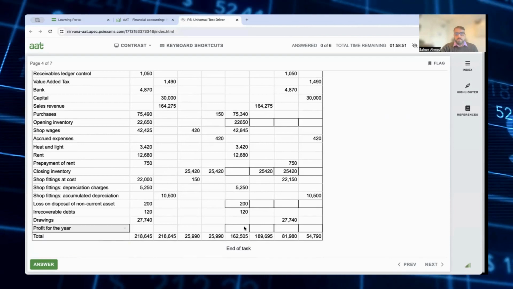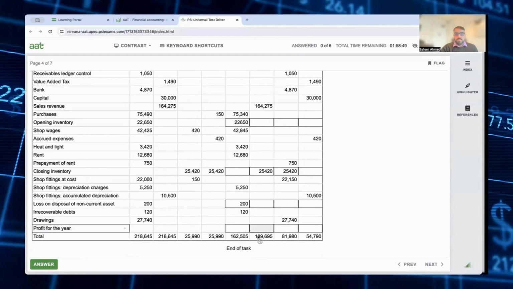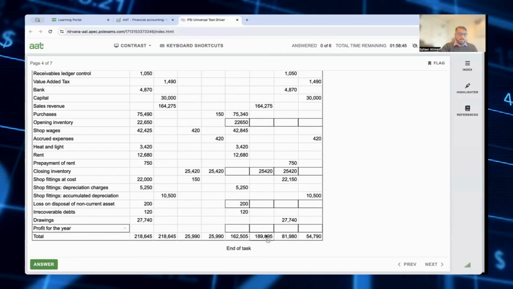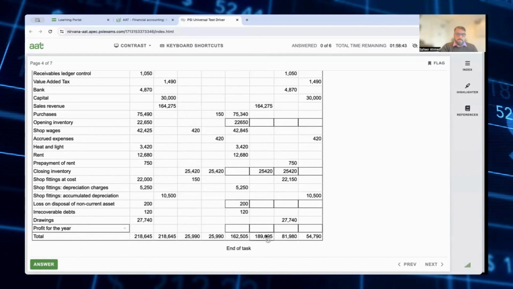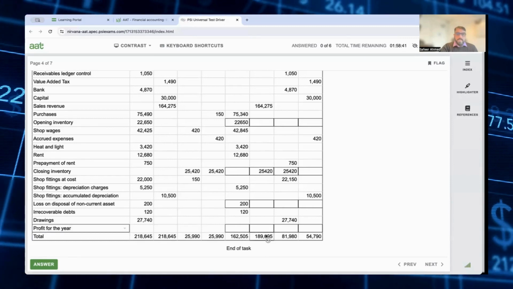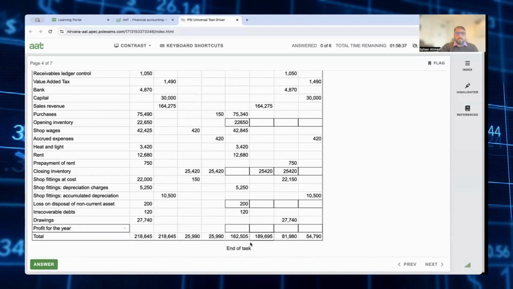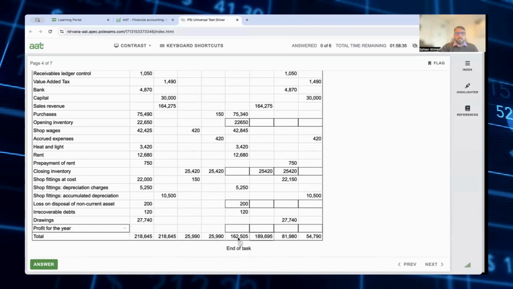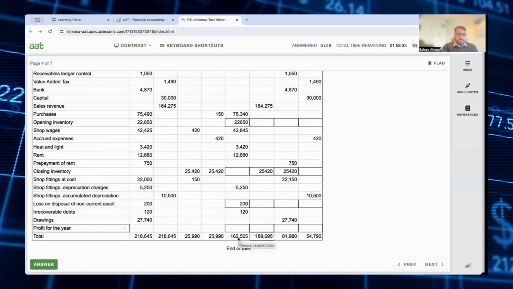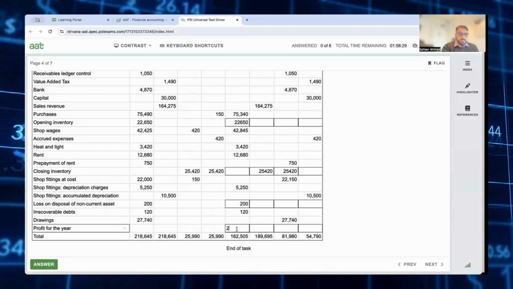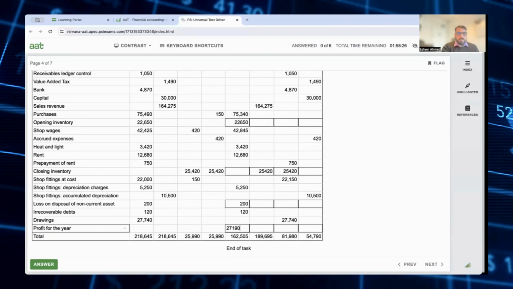So it looks like it's profit. As you can see, the difference between these two. So credit side of the statement of profit and loss, which is 189,695, minus, of course, the debit side, which is 162,505, which gives you, of course, 27,190.